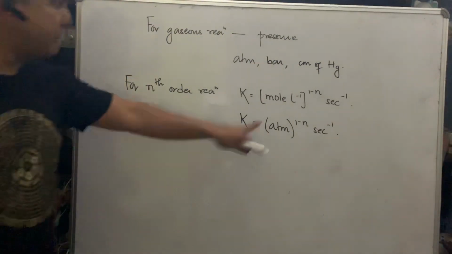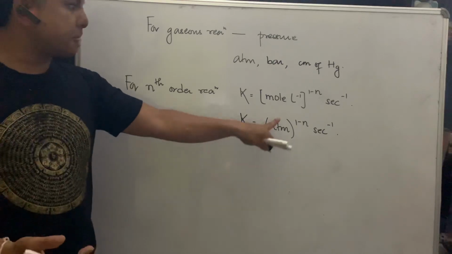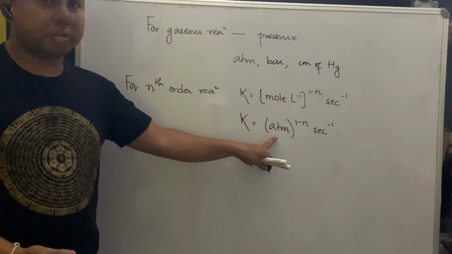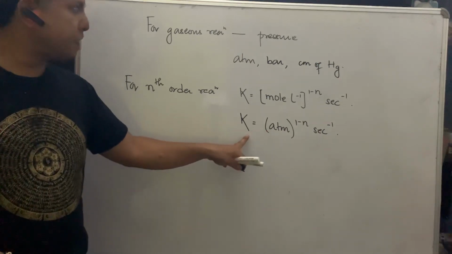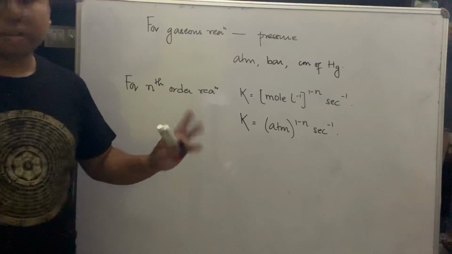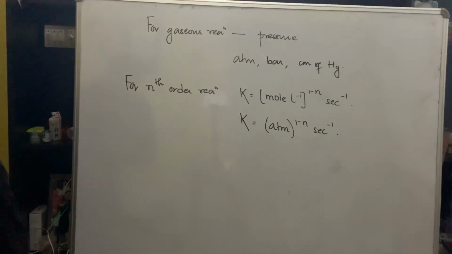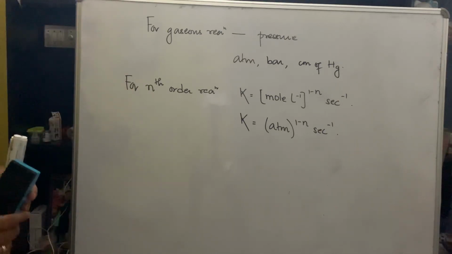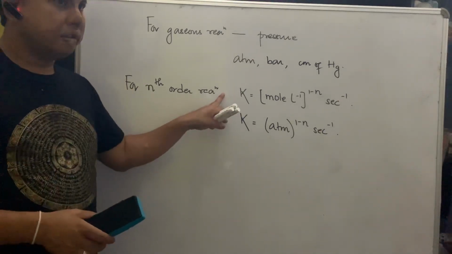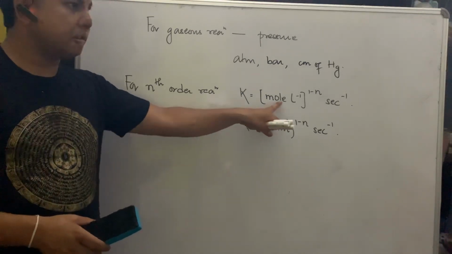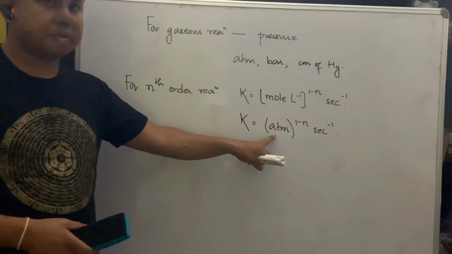So what am I doing? I'm just replacing concentration by pressure units here, and I'm going to do this for reactions involving gases. So now we know the units of K for gaseous reactions, and for reactions involving solids and liquids, in terms of pressure and in terms of concentration.